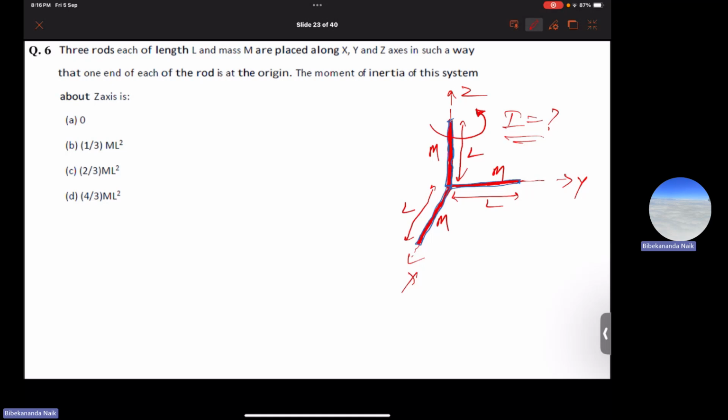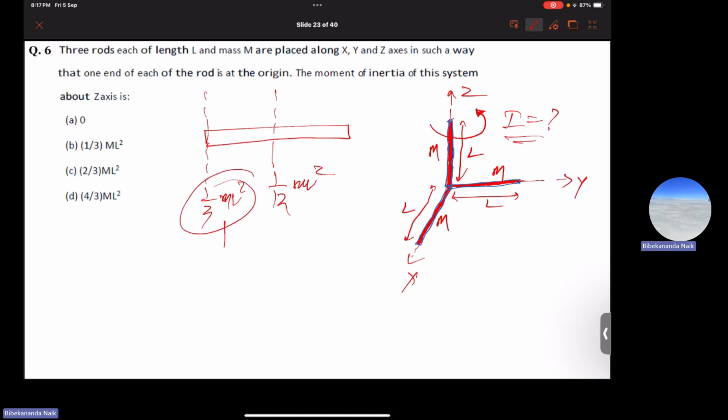And we know for a rod, the moment of inertia that we just calculated is 1 by 12 ml square, and this is 1 by 3 ml square. So this is the scenario here.